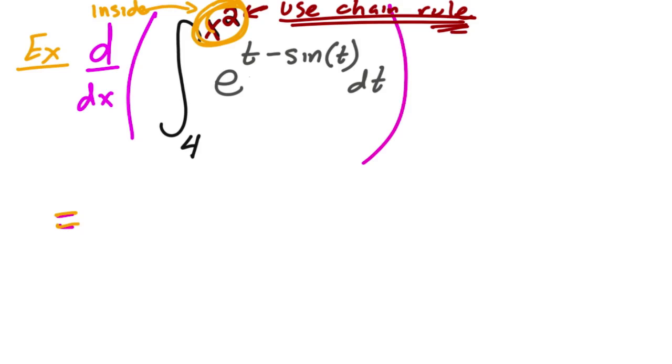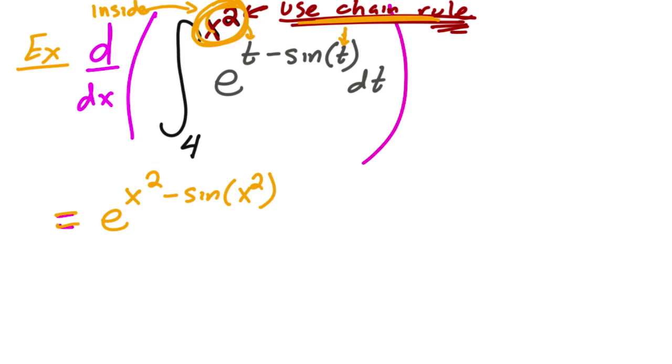So remember that when you use the chain rule, it says, okay, get the derivative of the outside. So the outside here is the entire integral function. So for the derivative of the outside, you use the fundamental theorem of calculus, which says, okay, plug it in to all of the t's. And so you would have e to the x squared minus sine of x squared, right?